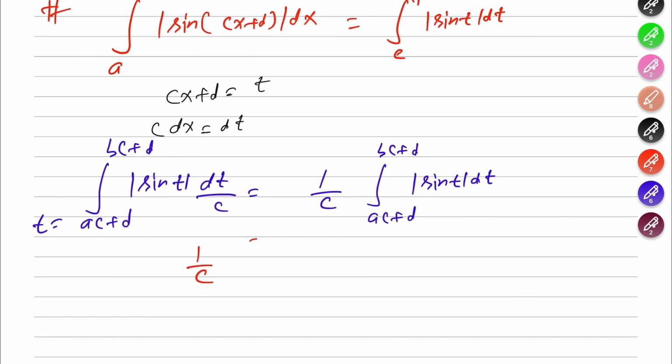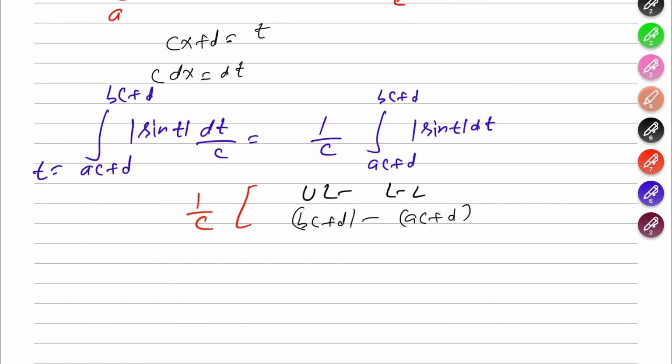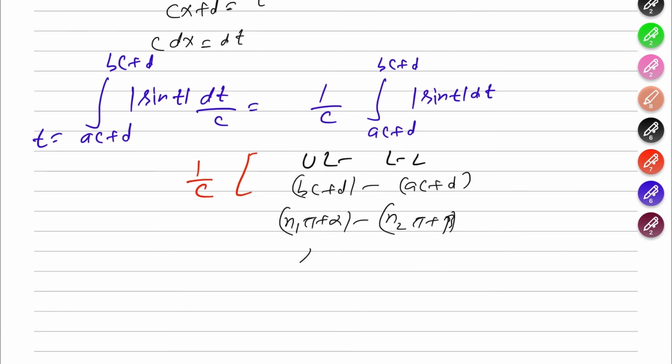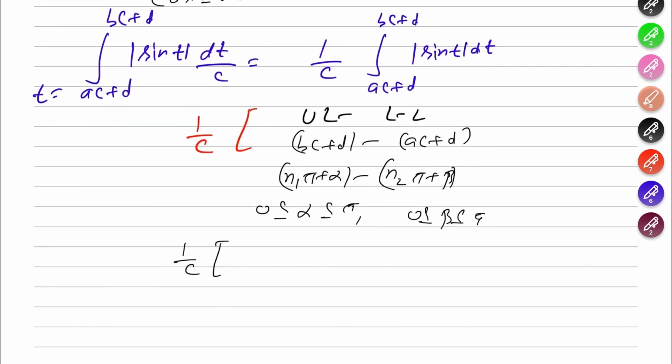How do we solve such problems? 1 by c is already there, and this is the upper limit minus lower limit, that means bc plus d minus ac plus d. We will break this into the form n1 pi plus alpha minus n2 pi plus beta, and we assume that alpha is from 0 to pi and beta is also from 0 to pi.